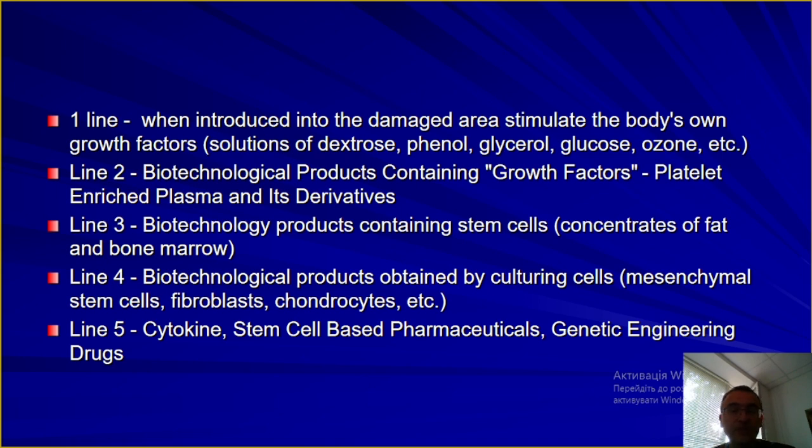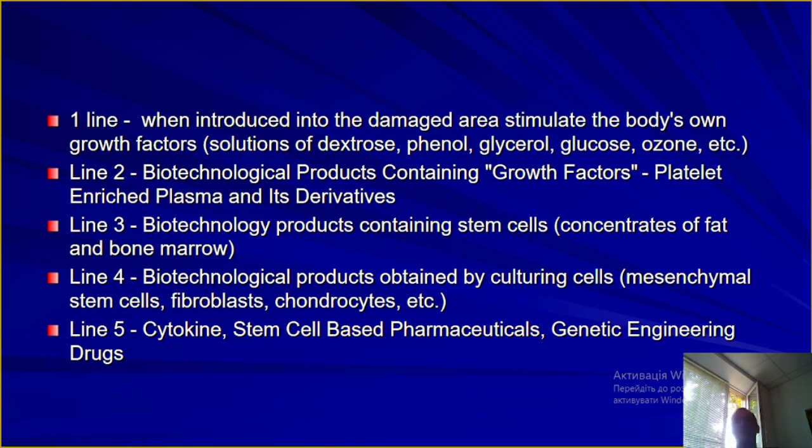We can receive the patient's stem cells from fat or bone marrow. We can expand the stem cells in the laboratory, or use them without cultivation. There are special devices to receive enough quantity of stem cells from the fat and bone marrow without laboratory biotechnological cascades.